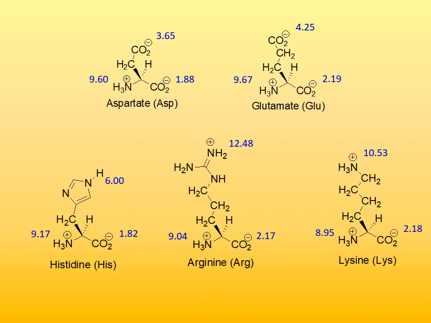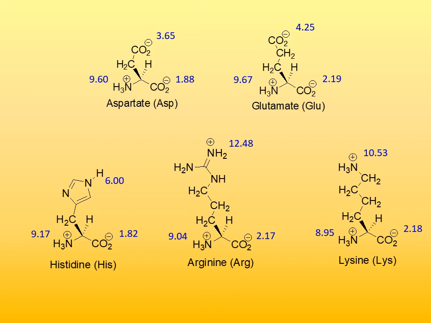In the case of basic amino acids, those values are pretty much all over the place. So you can see that histidine has a pKa of 6.0, which is actually pretty low, but that's an indication of its properties. It has both acidic and basic properties. It's what we call an amphiprotic species. It's capable of both donating and accepting a proton.